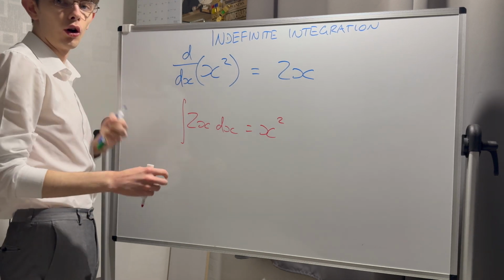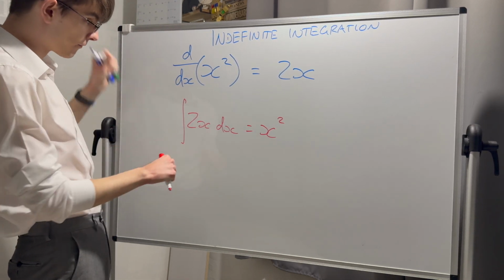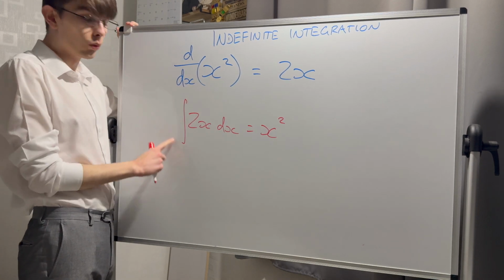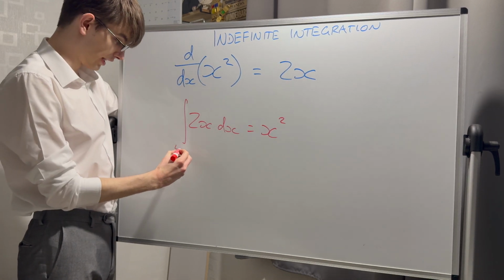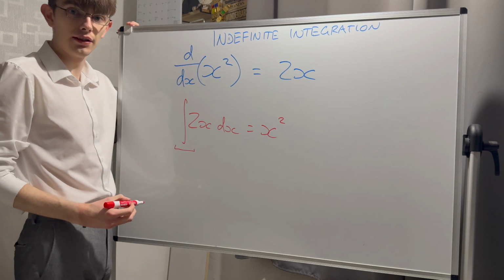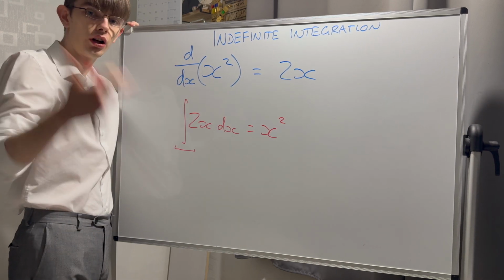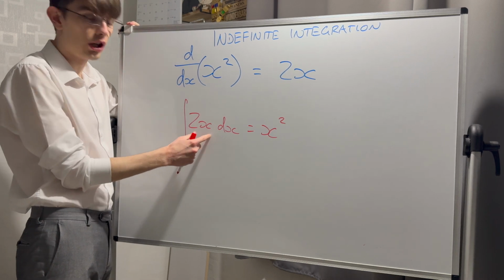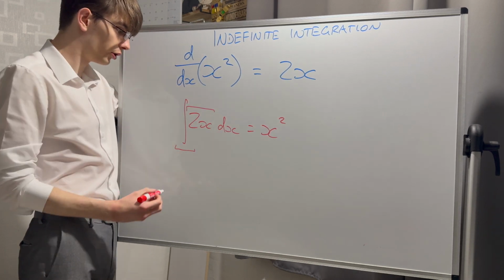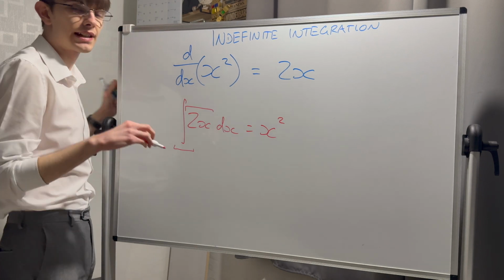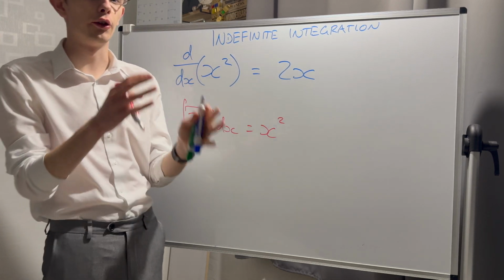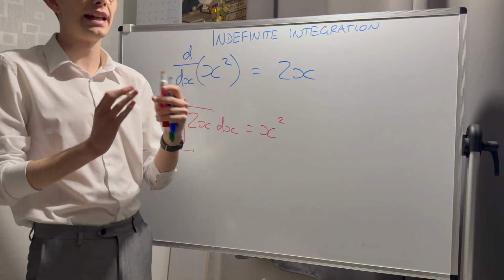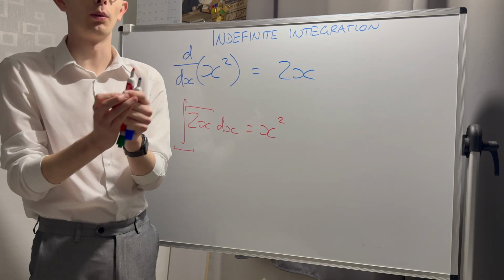Now, just a little bit on the notation. We signal that we're beginning an integral by using the integration sign, this big S. This tells us that we are starting the integration. We then include the function that we are integrating, so in this case 2x, and then we add what I kind of call a variable qualifier, just letting us know what variable we are dealing with.